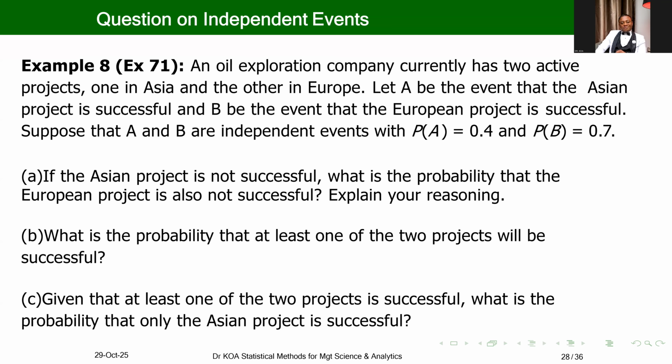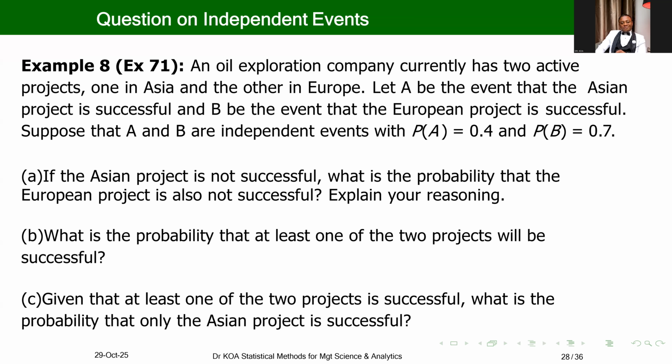Now, the probability of A is the Asia, and the probability of B is the Europe. Now, suppose the A complement and the B complement, would they be dependent or independent? It should be obvious. They will still be independent.